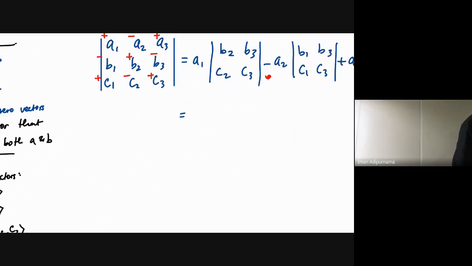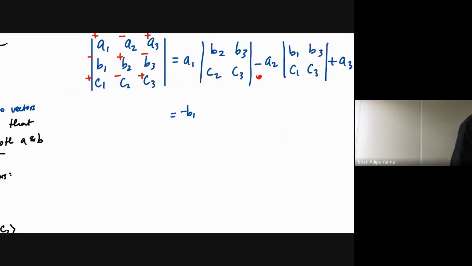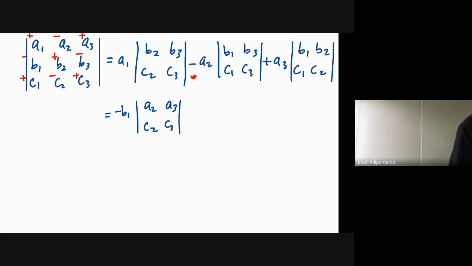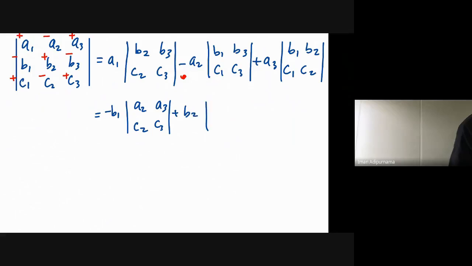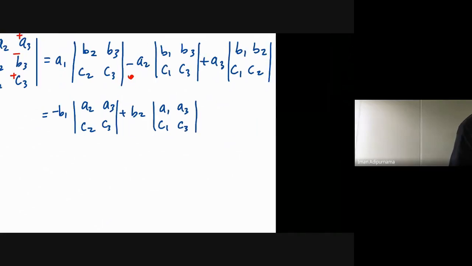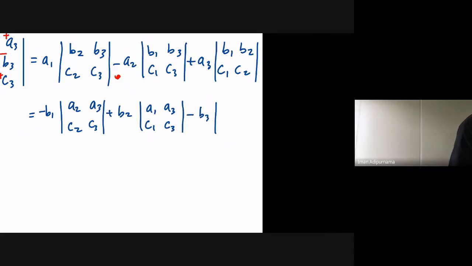You can also define this as minus B1 times the determinant of A2, A3, C2, C3, and plus B2, and minus B3.